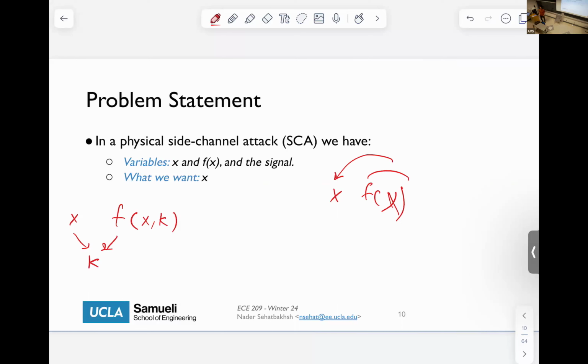And this is exactly what we want to do, for example, in AES. If you remember, the input was the K, and you can always assume that the F itself is known. So this is what we call white-box attacks.